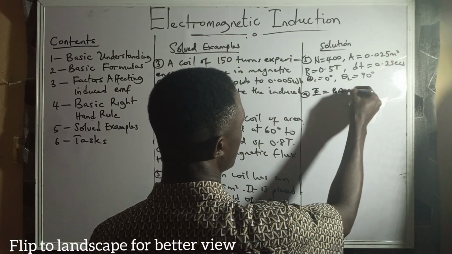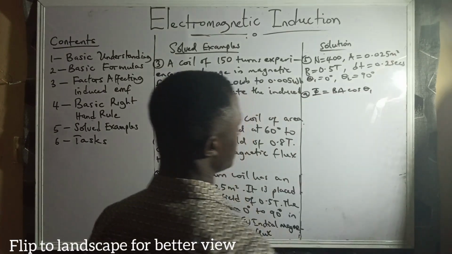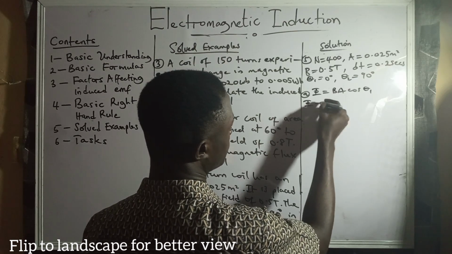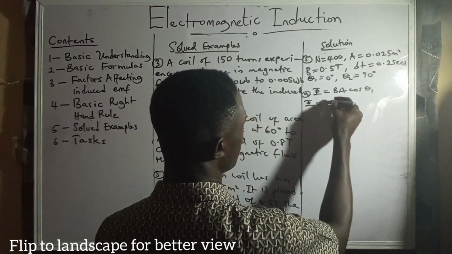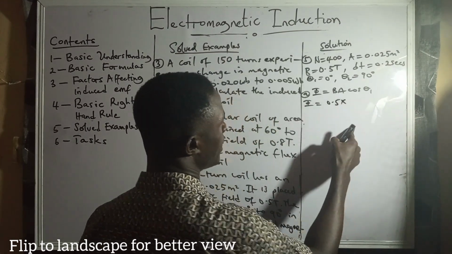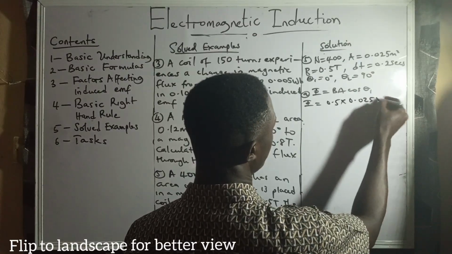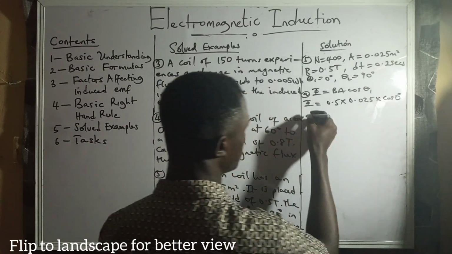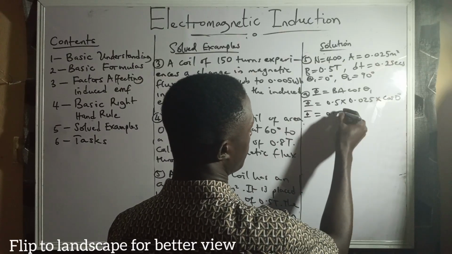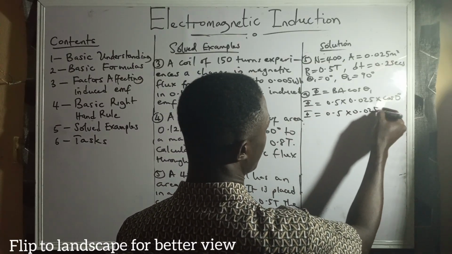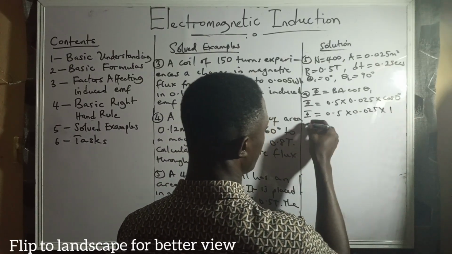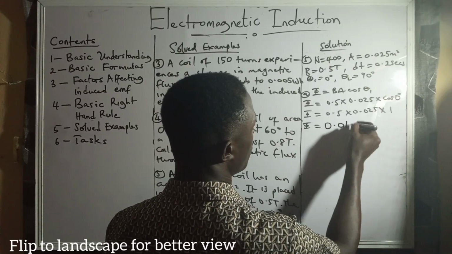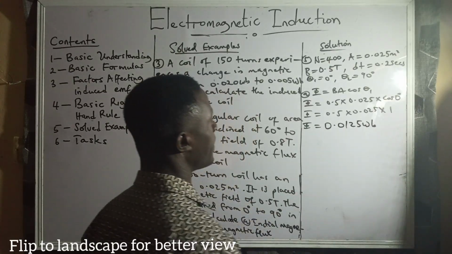So A says we should calculate the initial magnetic flux. That will be BA cos theta 1. B is 0.5 multiplied by 0.025, then multiplied by cos 0 degrees. Cos 0 degrees gives us 1, so the flux is 0.0125 Weber.